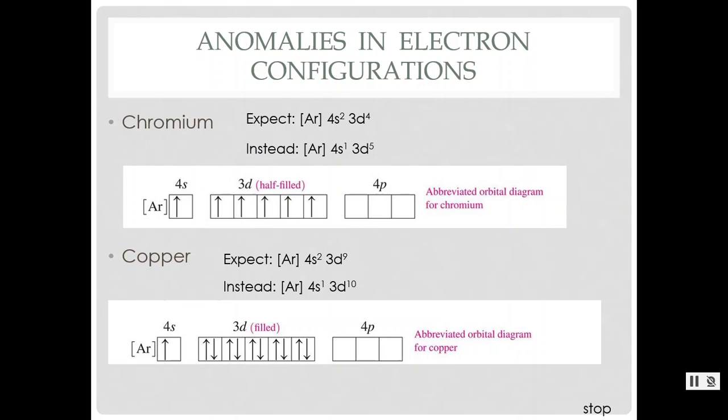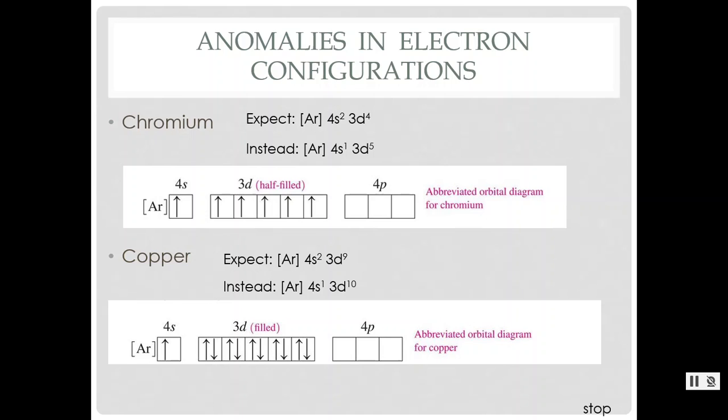If I was to write an orbital diagram for the abbreviated electron configuration of chromium, argon 4s1 3d5, I see that in this situation, all of my 3d orbitals are half filled. Before, if I was to keep with the 3d4, not all of my 3d orbitals would be half filled. I'd have 2 electrons in my 4s orbital.